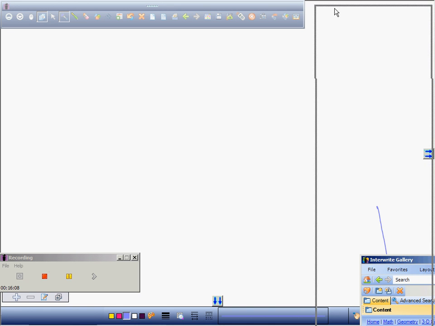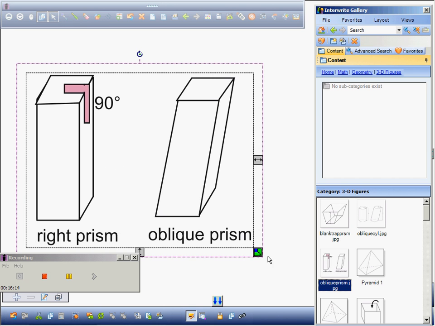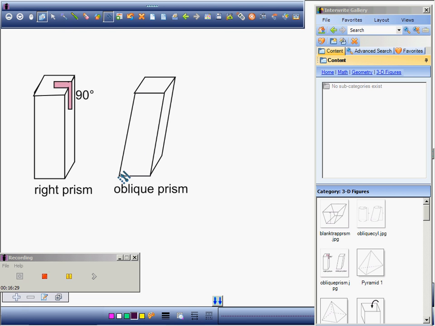There we go. Okay, so we also have oblique prisms, okay? And you work with those the same way. This is a right prism, oblique prism. So maybe I can have, they like to trick you on these as well, because those math people are kind of mean, and they like to try to trick kids all the time.